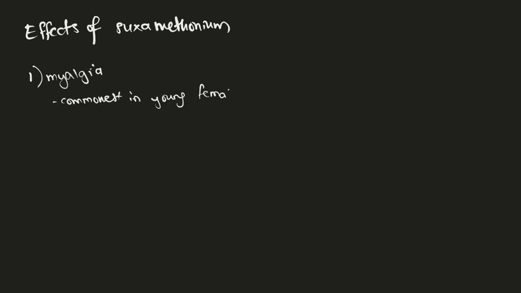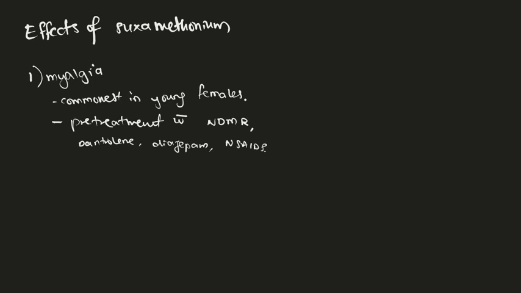Now, what are the effects of suxamethonium? Remember, there are 8 points. Number 1, the most common, is myalgia, especially in young females. You can help alleviate the symptom by giving a non-depolarizing muscle relaxant, dantrolene, diazepam, and NSAIDs. Next is arrhythmias.